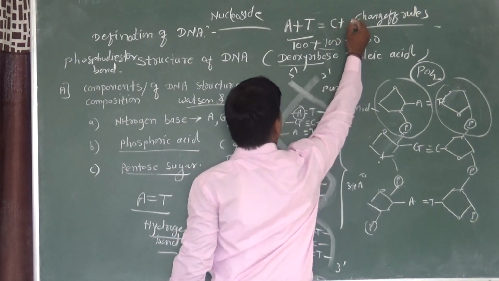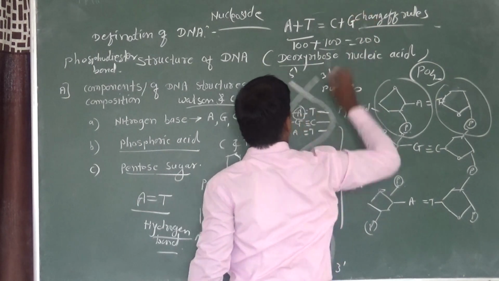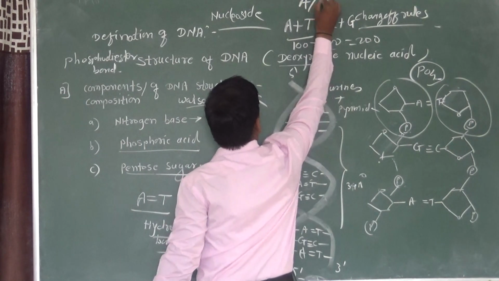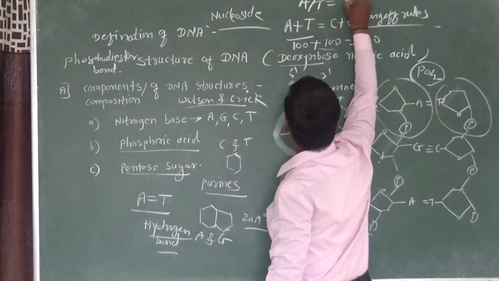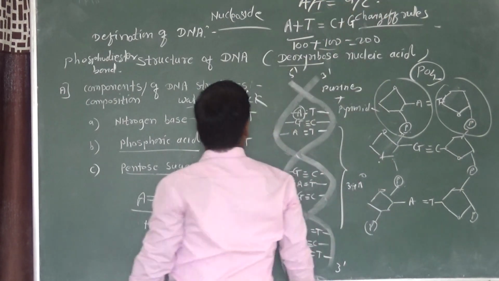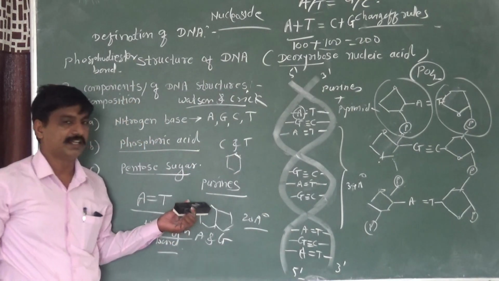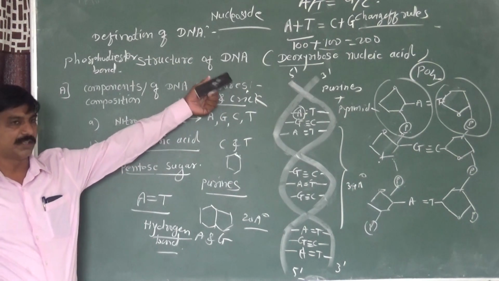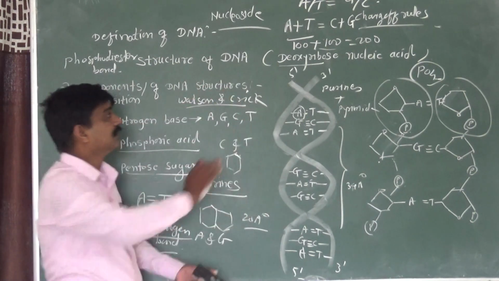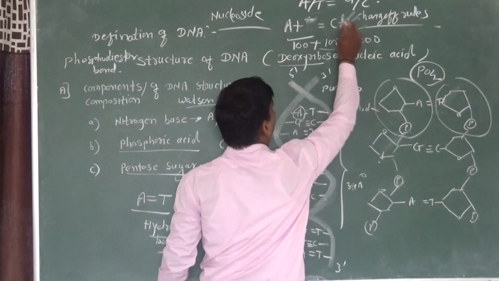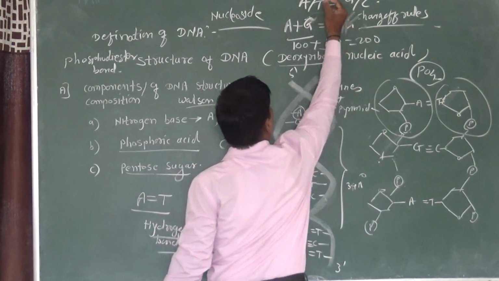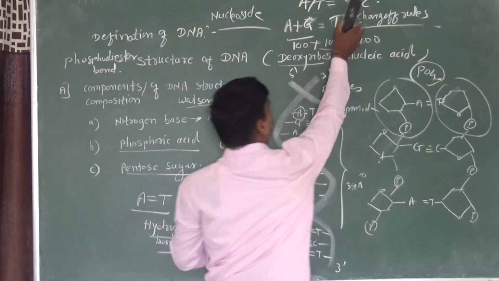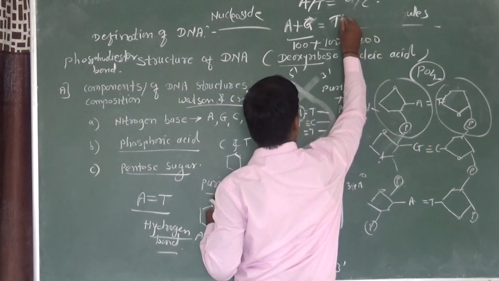cytosine plus guanine, or also A upon T is equal to G upon C. Adenine plus guanine equals thymine plus cytosine in the DNA structure.